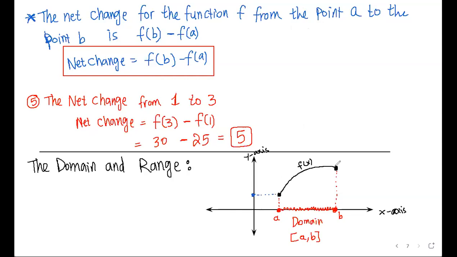And the y value for this point is close to here. So all these values are the range for the function f of x. Suppose this is C, this is D, your range is the closed interval from C, comma D.